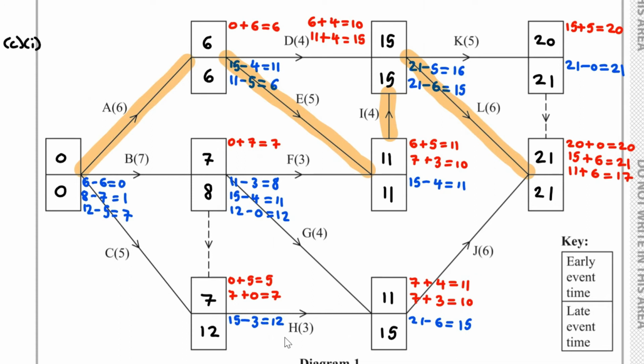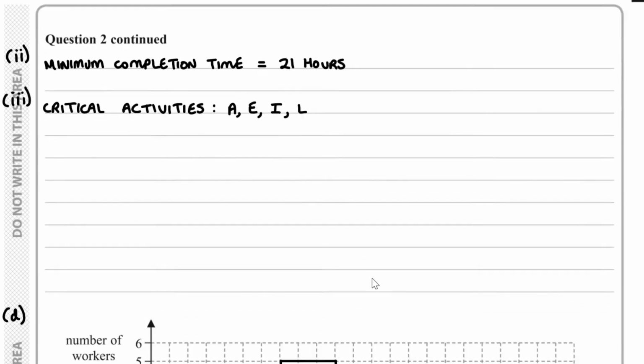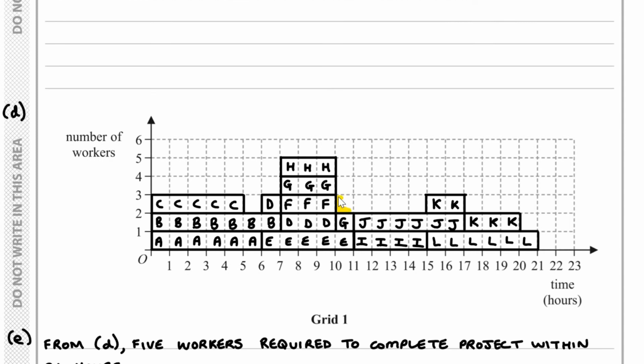Because J depends on H, we would also be delaying J as well. So if we have activity H here, and it's got a duration of 3, what you can see here is activity H will complete at time 13.